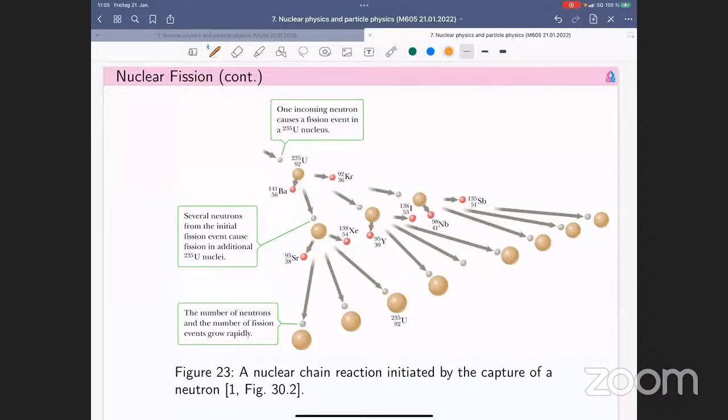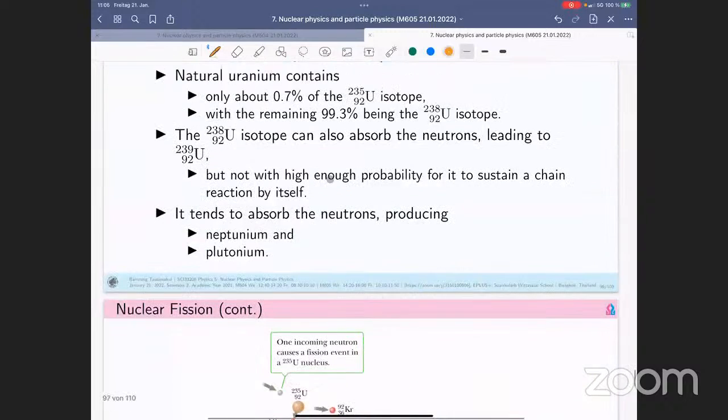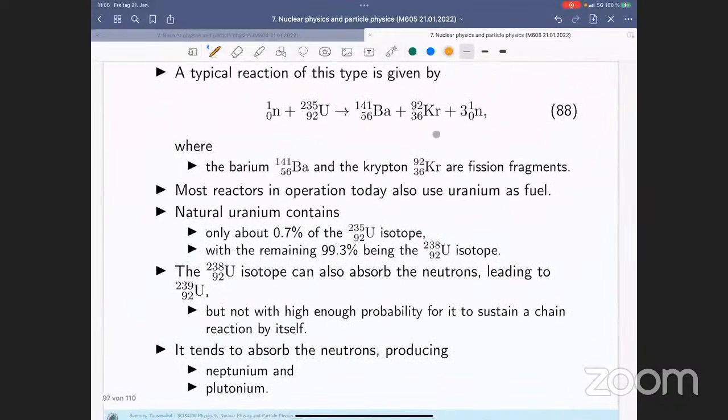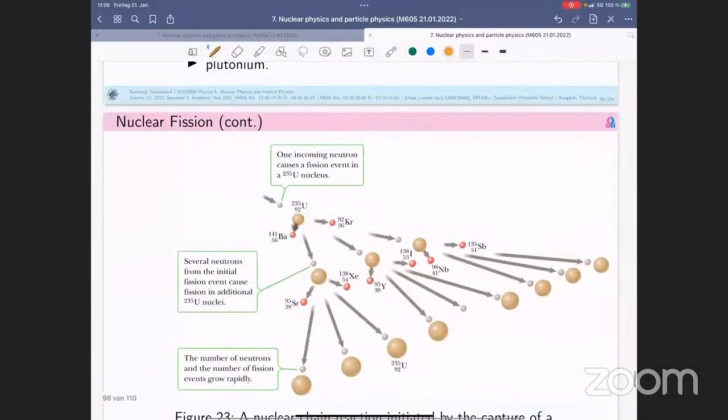Okay, yes, uranium-235 is the major fuel for the automatic chain reaction, or it's called chain reaction. One neutron with speed causes a fission event to uranium-235, and as you know, we could get barium-141 and krypton-92, right?